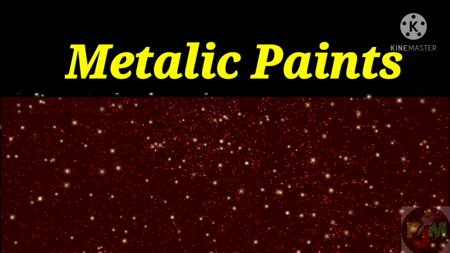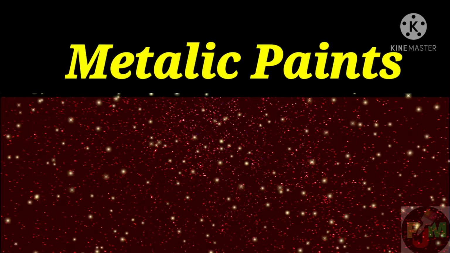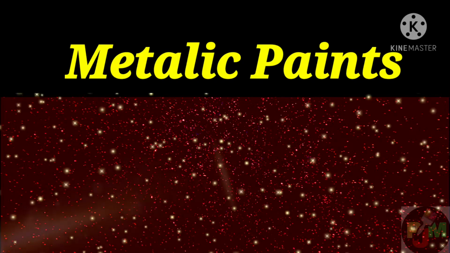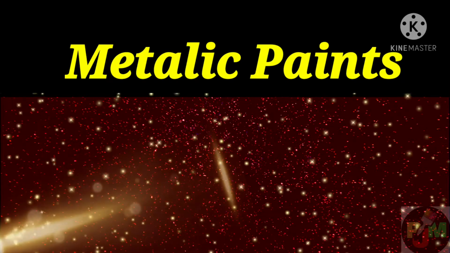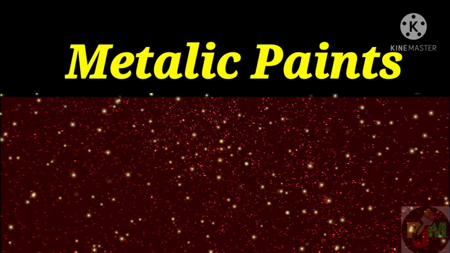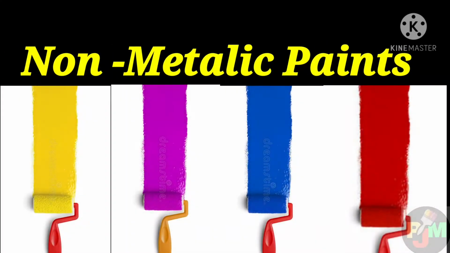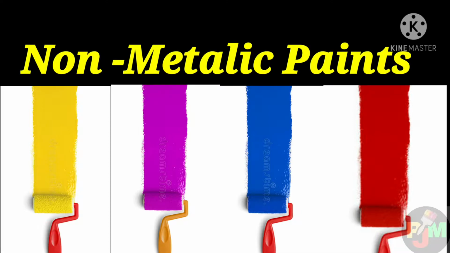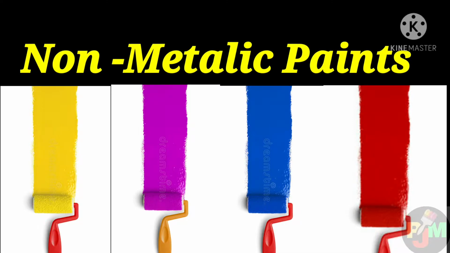The shine comes from a small amount of aluminum powder mixed into the paint. The metal particles pick up and reflect light, hence the shine. Non-metallic paint. These paints are solid in color, and possess no shine or light reflection from pigment.